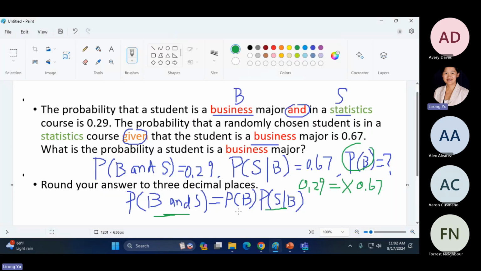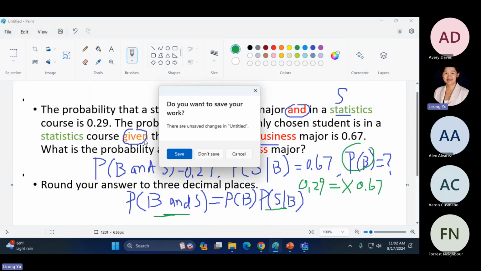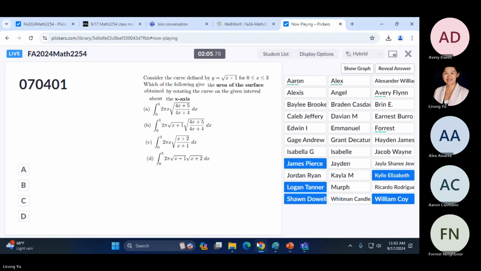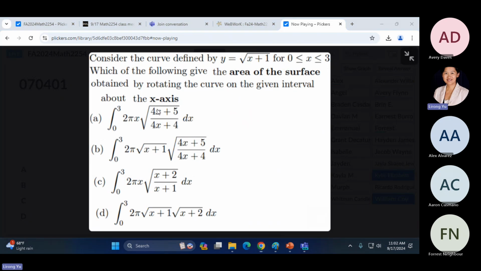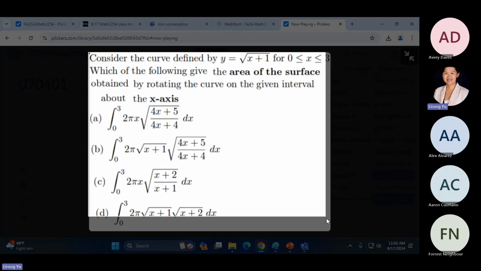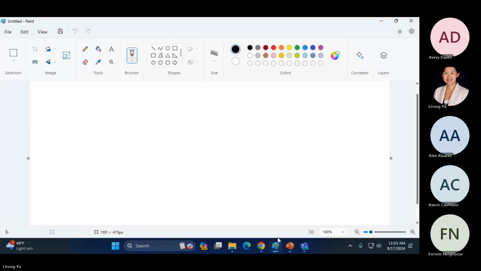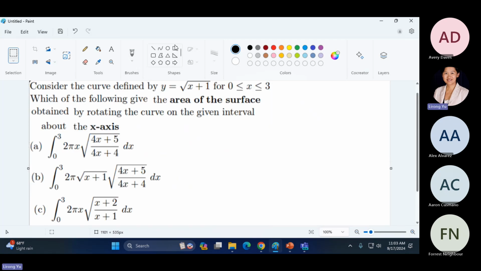So for this question, the calculation will be: surface area is equal to the integral of 2 pi r.